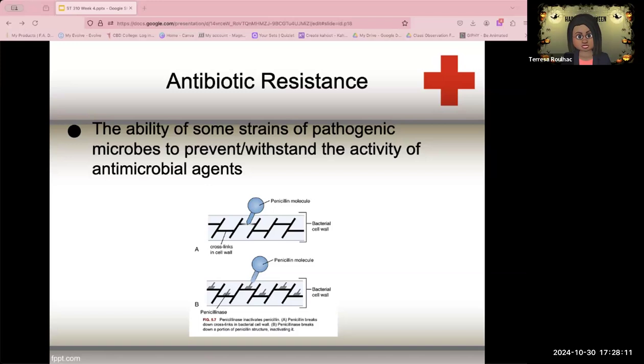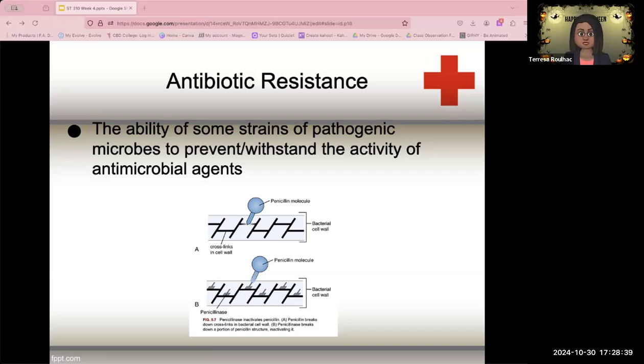Now, this is important for us because we play a key role in infection prevention and management. We need to be aware of these types of infections that are common in our setting. This means appropriate antibiotic selection and strategy to minimize resistance development, adhering to sterile technique to reduce the risk of infection, and ensuring that the proper antibiotics are administered at the right time during surgical procedures. We do this as a team, you're not by yourself.